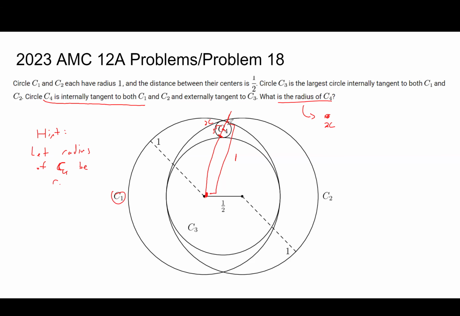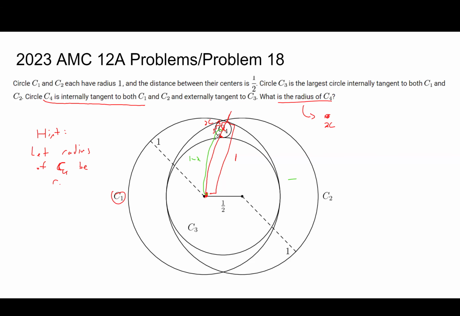So we can form a triangle, since this is 1 and this distance is X. This distance here, I'll use a different color. It's a bit messy, but the green distance here would simply be 1 minus X, correct?